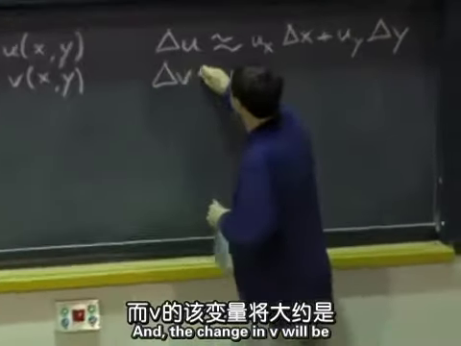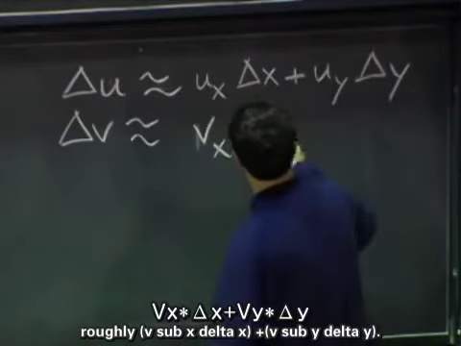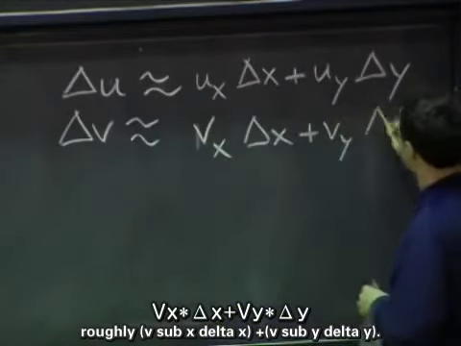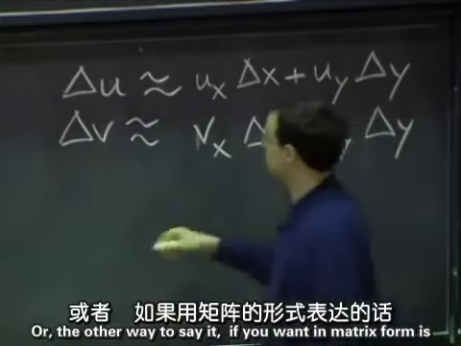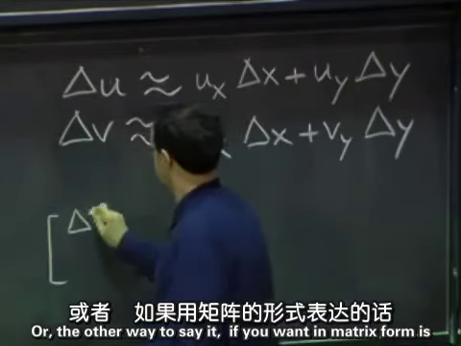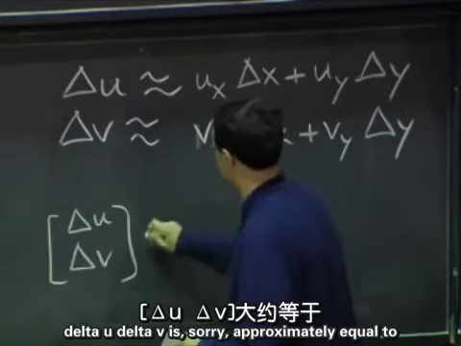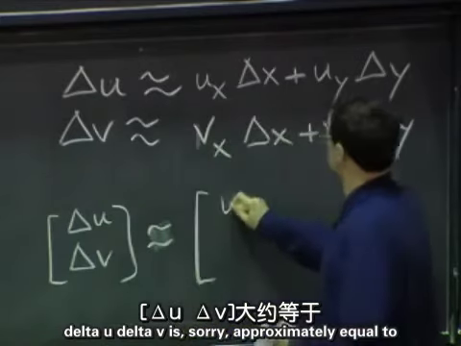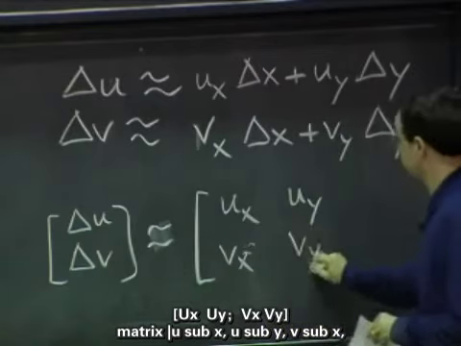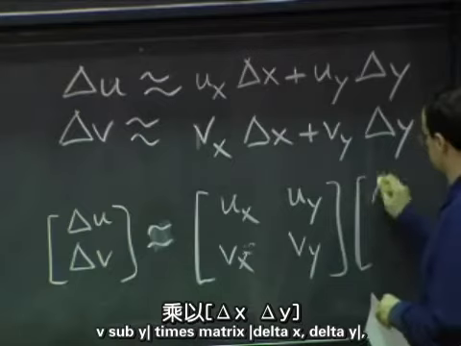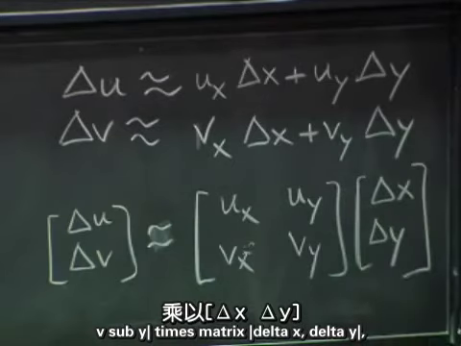And the change in v will be roughly v sub x delta x plus v sub y delta y. Or the other way to say it, in matrix form, is delta u, delta v is approximately equal to the matrix u sub x, u sub y, v sub x, v sub y times delta x and delta y. Okay?